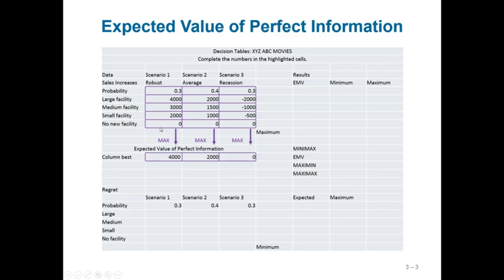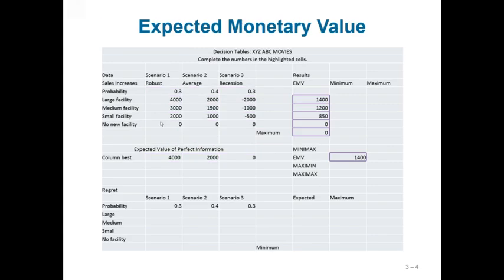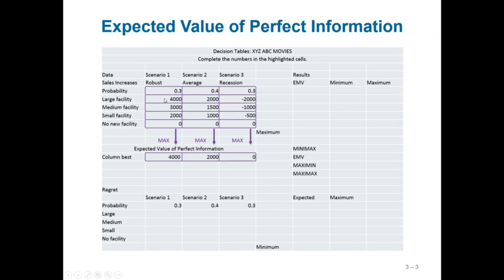Find the maximum value that goes in each one of these. Now, you do that in Excel through a formula where, in this cell here, you ask for the maximum value within this column.